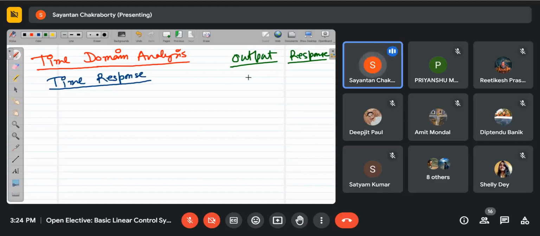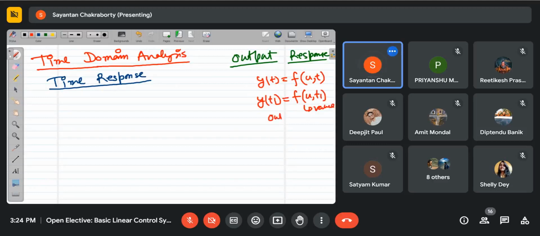Like if the response is represented as, say, I'm more comfortable with y(t) is some function of u, say input, and obviously time. So y(t1) is equal to f(u, t1), there is a fixed value.